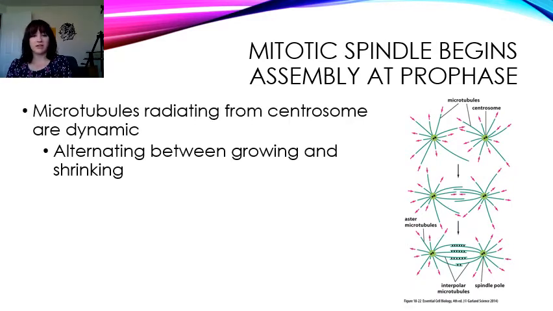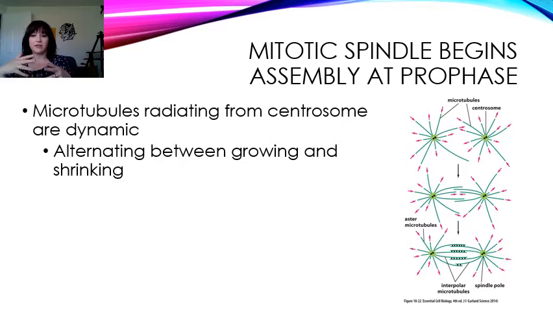Again, the centrosomes are formed by microtubules. Microtubules, if you recall, are dynamic. They are made up of little parts, so they can be polymerizing or depolymerizing, randomly shooting out and coming back in again, growing and decreasing in length.